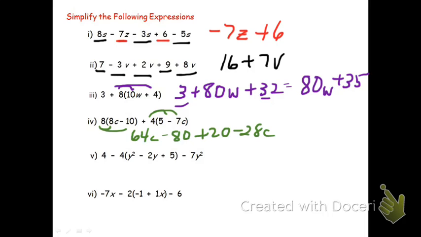And putting all the like terms together then, 64C minus 28C, well, let's see, that's going to give me 36C, and negative 80 plus 20 is a negative 60.